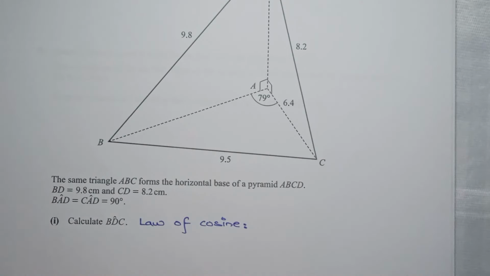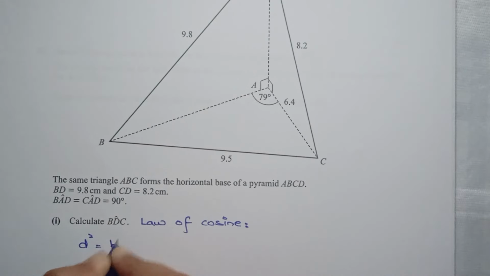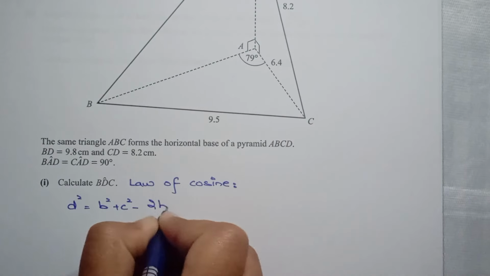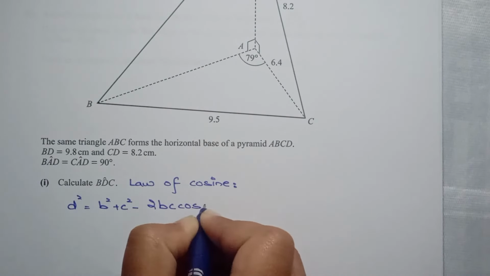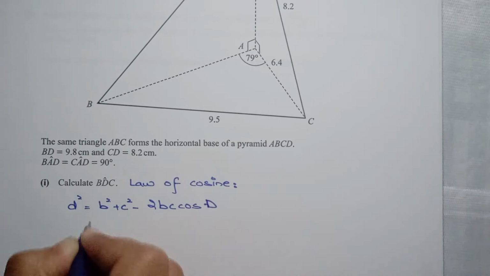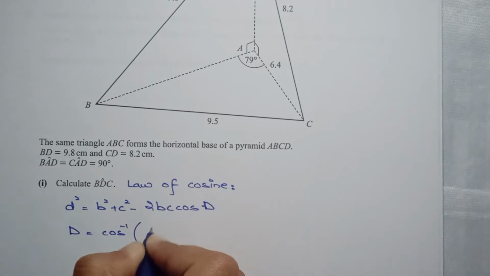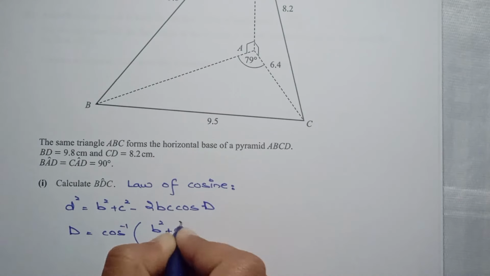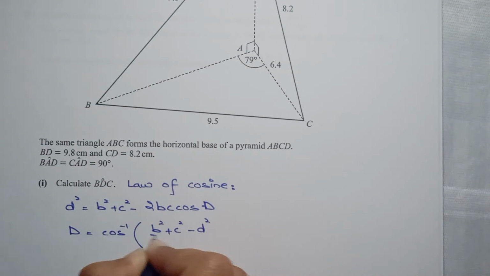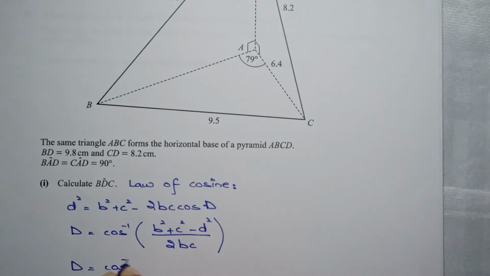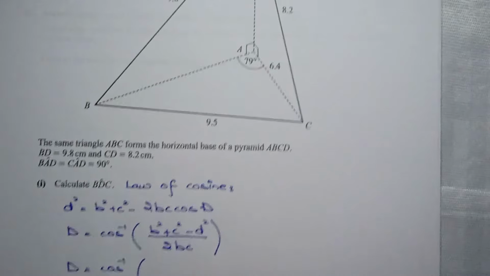Since we need to find the angle D, D square would be equals to B square plus C square minus 2BC cos angle D. So the angle D would be equals to cos inverse of B square plus C square minus D square divides 2BC.